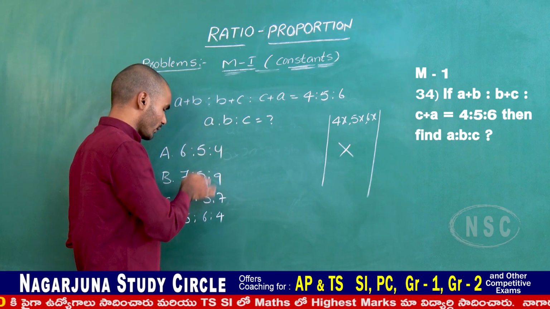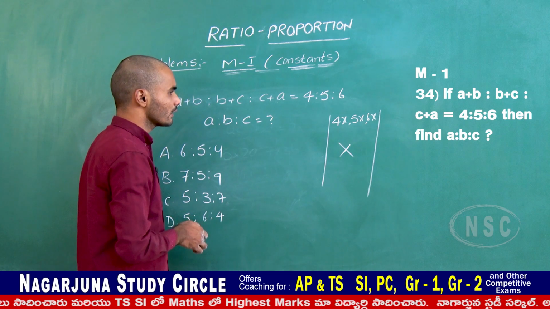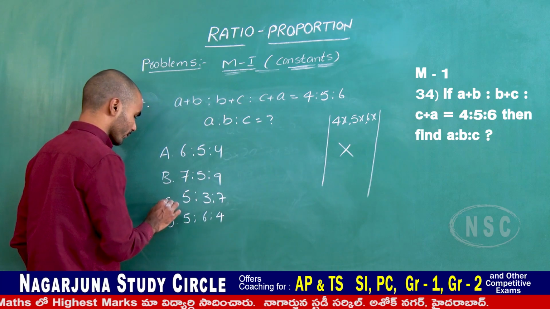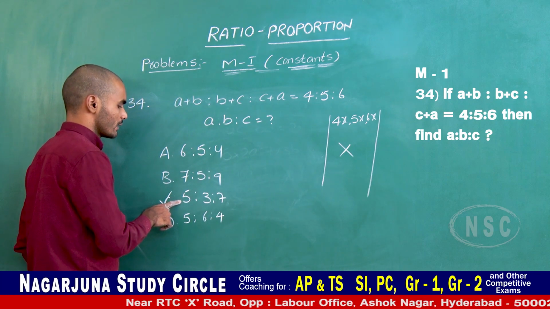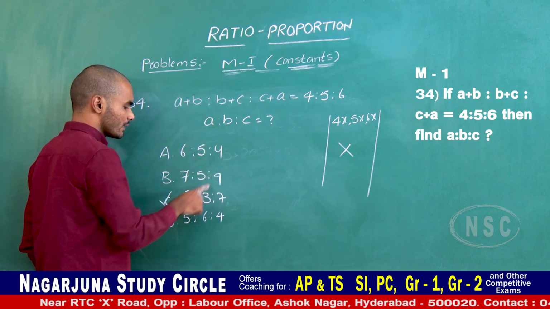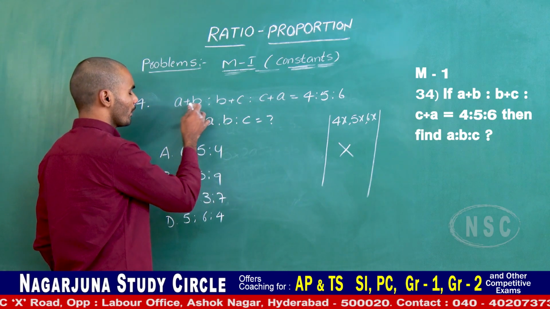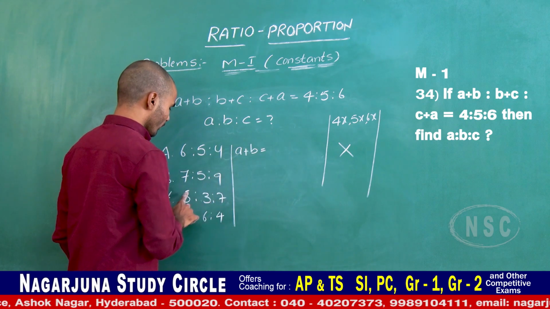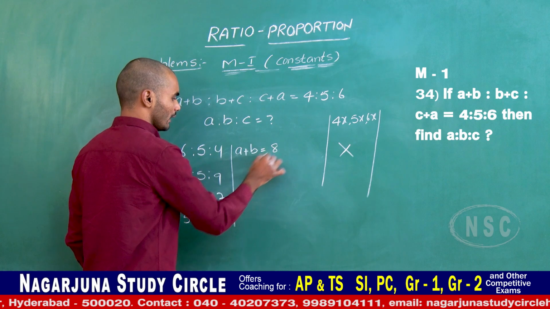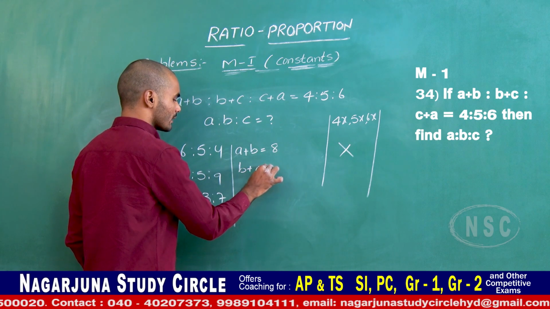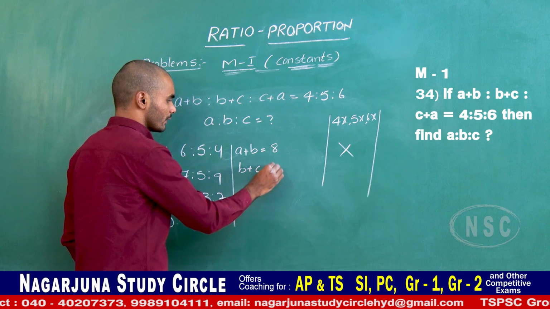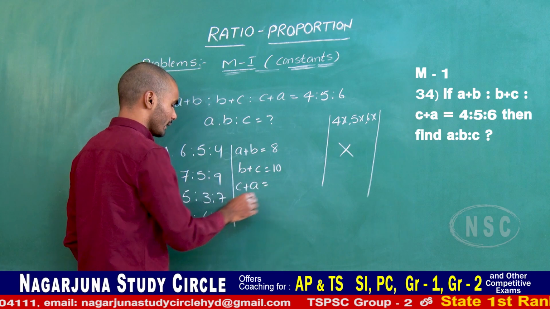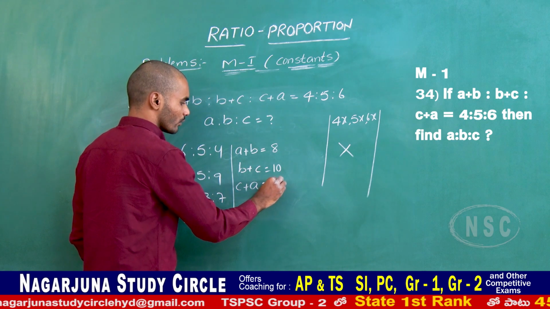Just check the cross rule. These are the values of A, B, C. I know the answer, just check this. Option C. A is 5, B is 3, C is 7. Then A plus B means 5 plus 3 is 8, B plus C is 3 plus 7 is 10, and C plus A is 7 plus 5 is 12.